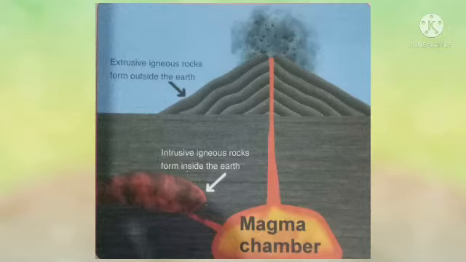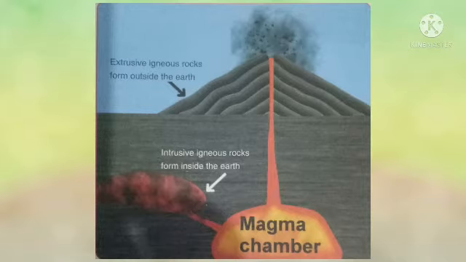When inside the earth, molten rock is called magma. When it flows out onto the surface, it is called lava. Igneous rocks are formed when magma cools and solidifies. Magma is pushed up towards the surface of the earth due to pressure inside the earth.